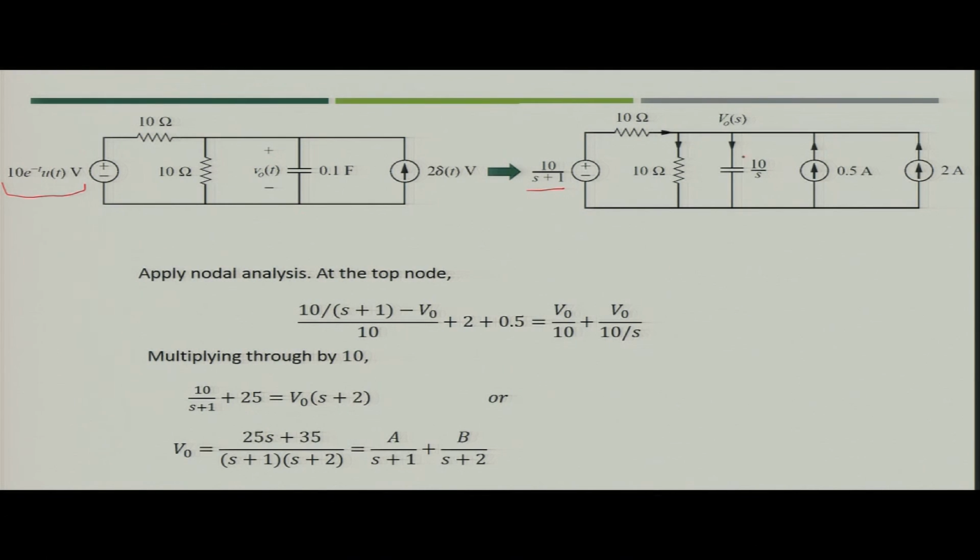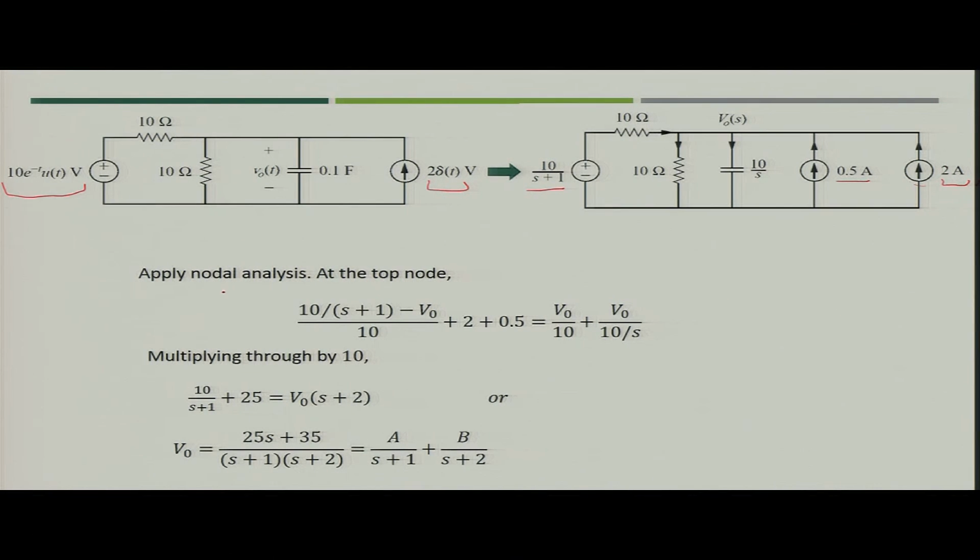The capacitor will now be converted into 1 upon S C, which is nothing but 10 by S, and in parallel with it you will have one current source having 0.5 ampere as value, because this represents the initial condition. Then you have another current source of value 2 delta t. When you convert it into the Laplace transform, it will become 2 ampere.